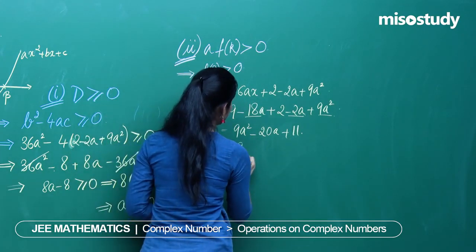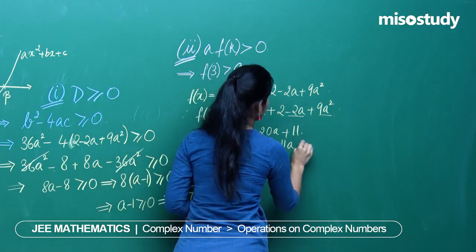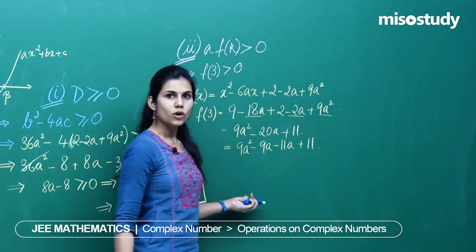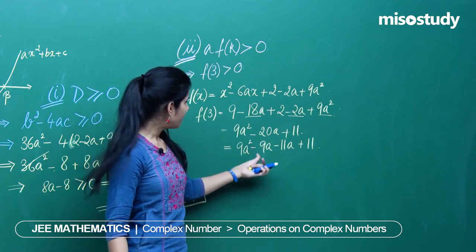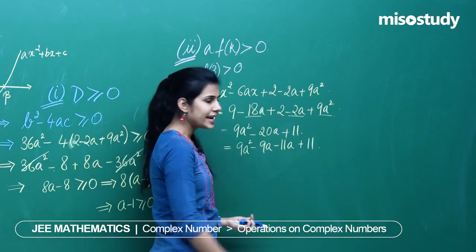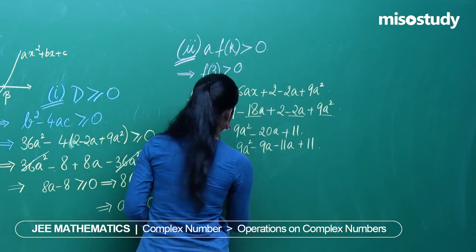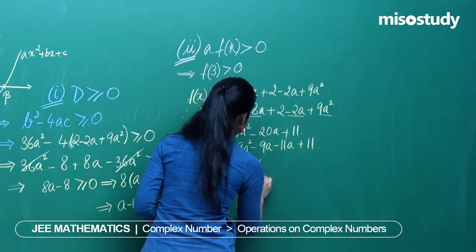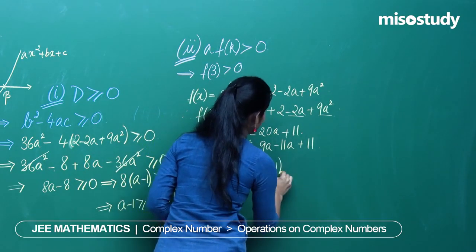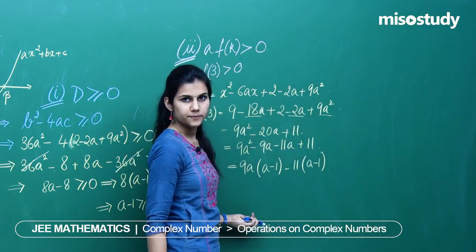If you try to break it up, this is how you're going to break the middle term: minus 9a minus 11a happens to be minus 20a, and when you take the product you get 99. So over here take out 9a common, you're left with a minus 1, minus 11 times a minus 1.